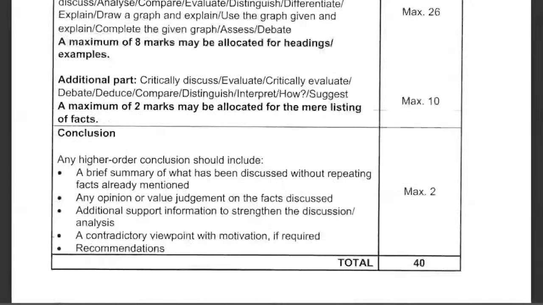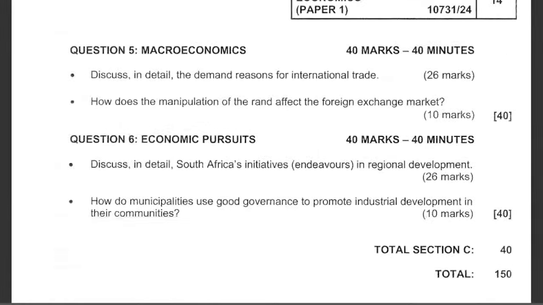Okay, right, grade 12. So now here, let's check. We have question 5, the structure of the essay under economics. This is going to be your body, 26 marks main body. This is going to be your additional part.